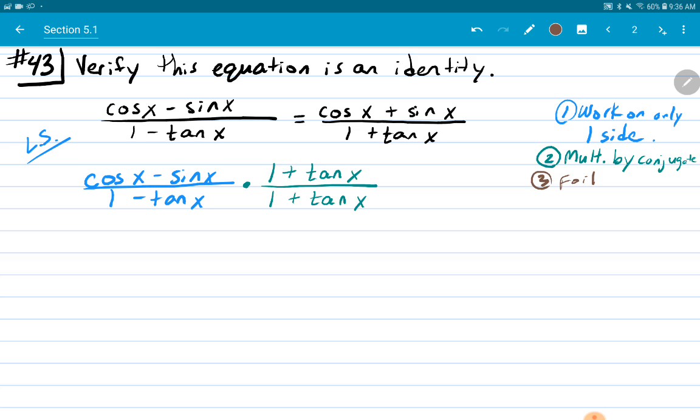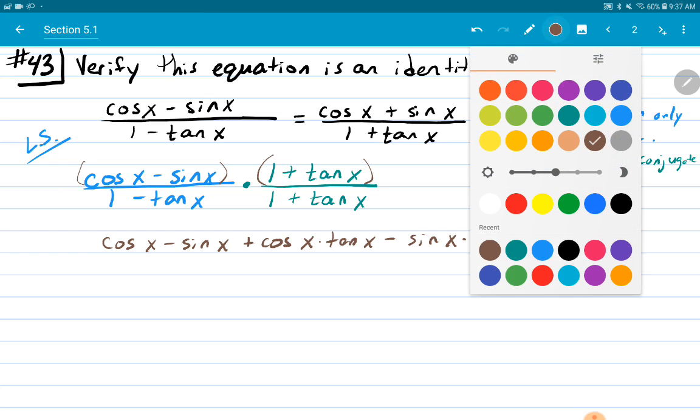In the numerator I get cosine of x minus sine of x, multiplying this by this and foiling, plus cosine of x times tangent of x, minus sine of x times tangent of x. And in the denominator, nothing's really changed.